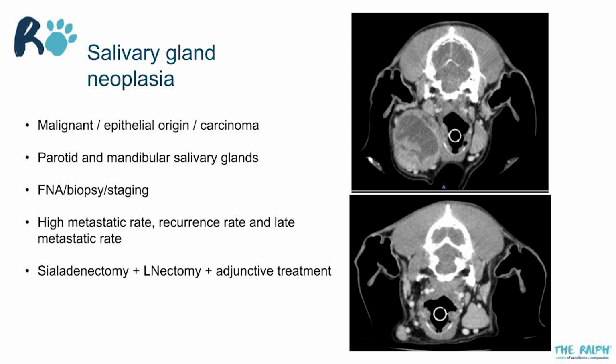Again, it's missing. I'm happy it was missing at the second CT. We went ahead with surgery. We removed it, a carcinoma. It was just at the surgical site. So this is in agreement with the study that reports a high recurrence rate.